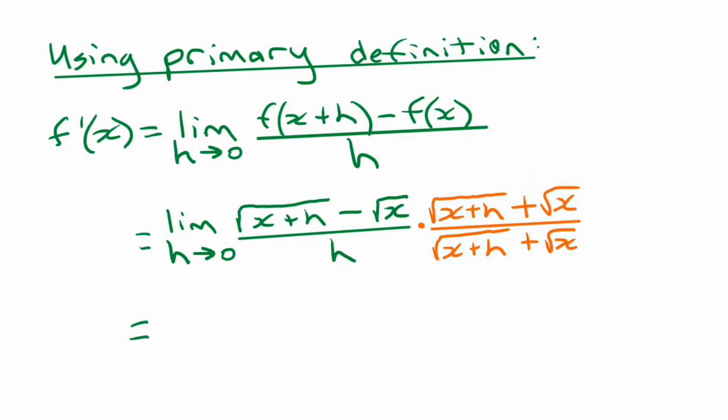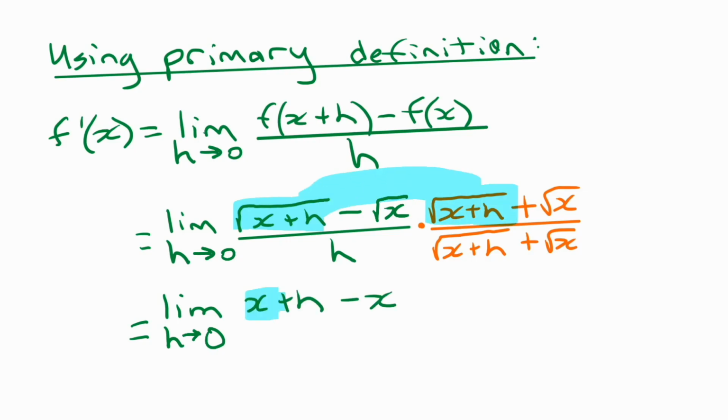And we're going to find that this is equal to the limit as h approaches 0. When you multiply these two things on top, the first term, that times that, is going to give you x plus h. And then the last term is going to be root x times root x, so it's going to be x. But again, the reason this works is the middle terms cancel out.